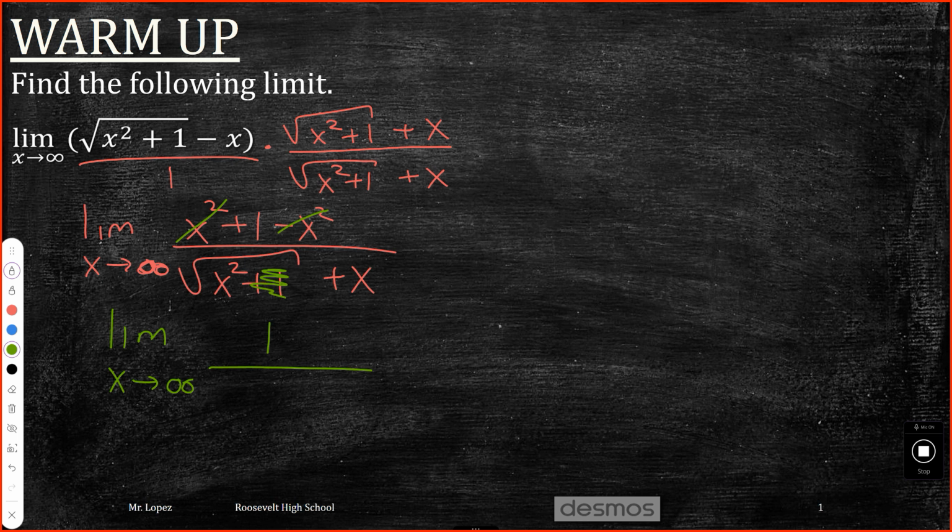So this is going to become x plus x this time, and so we're going to have the limit as x approaches infinity of 1 over 2x. But again, as x approaches infinity, this becomes really big, even multiplied by 2. So this becomes really super big, and 1 over a really big number is 0. So both do have an answer of 0, and I'm going to say that the answer is 0.